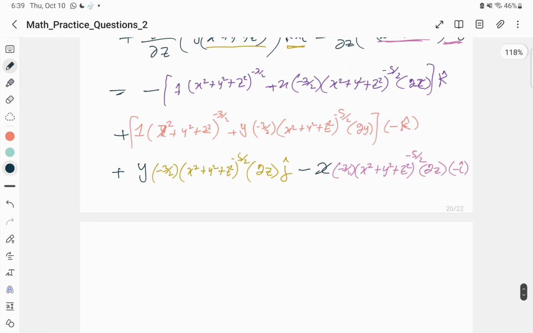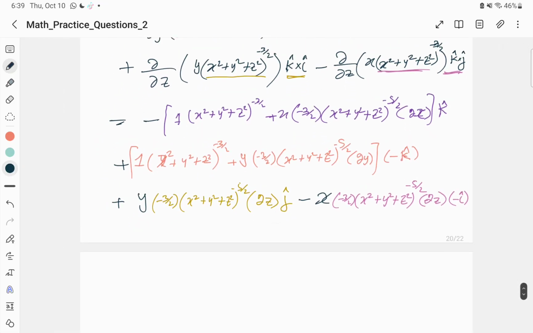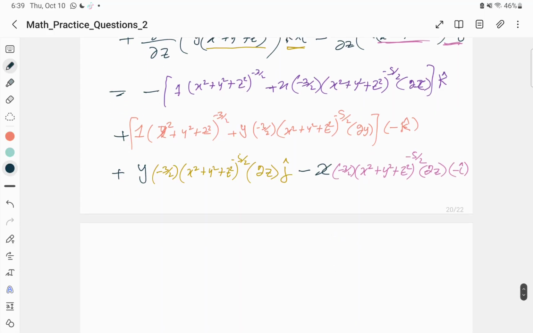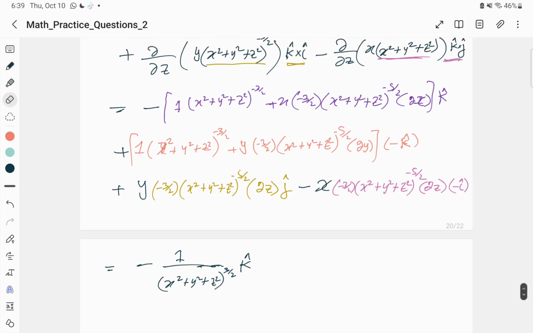Now let's simplify every expression. Let's start with the very first expression, so that will become negative 1 over (x square plus y square plus z square) to the power positive 3 by 2, and that is the k component because k was already there. In the second one, we can notice that this 2 is cancelled with the 2.